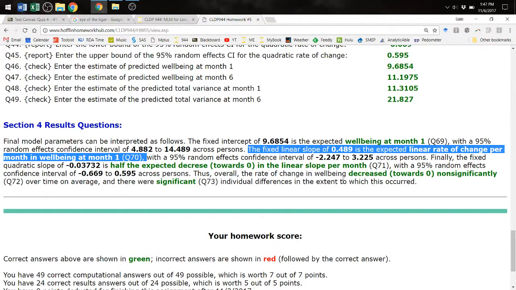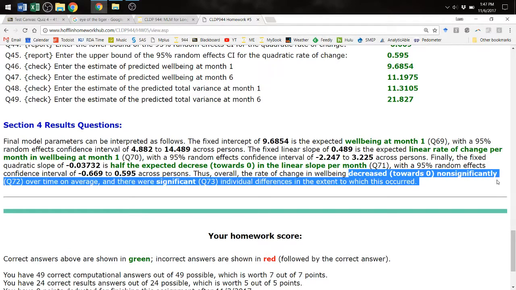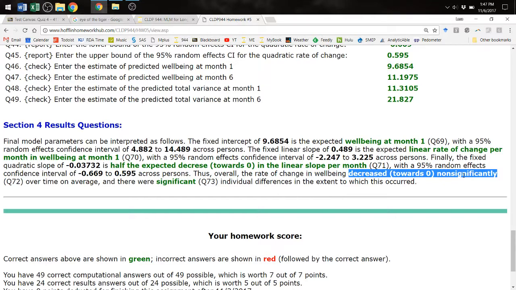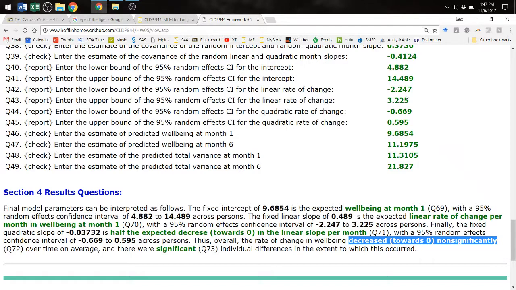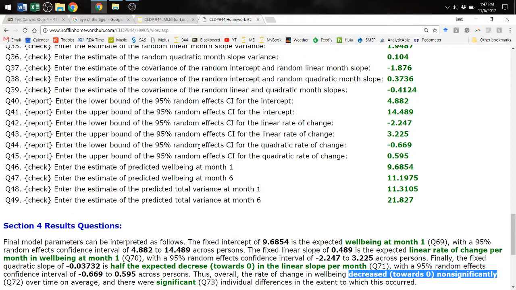This one had to do with the significance of the fixed quadratic effect, and in this case it was non-significant. The fixed effect confidence interval would express that, but not these random effects ones.